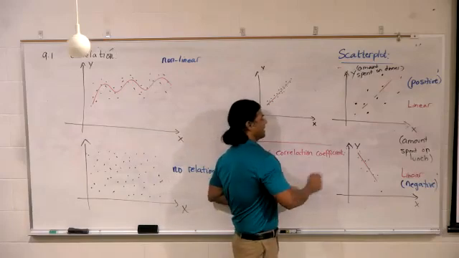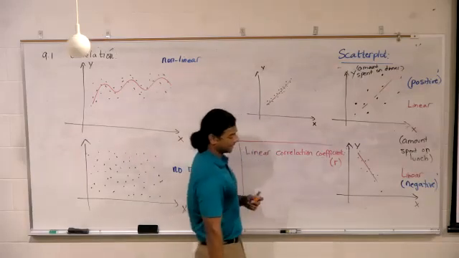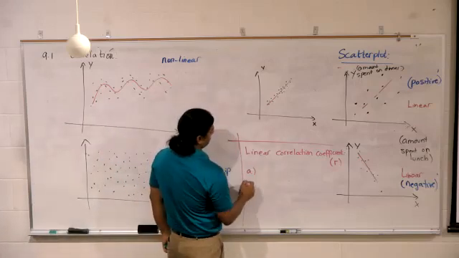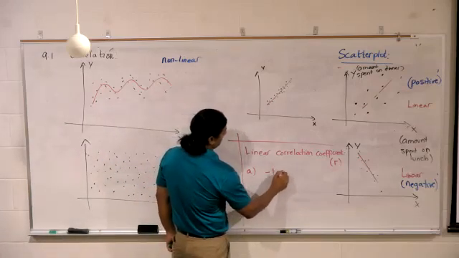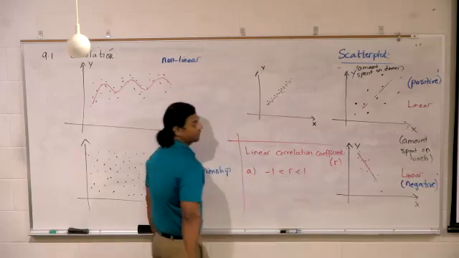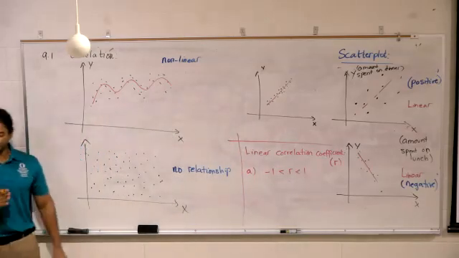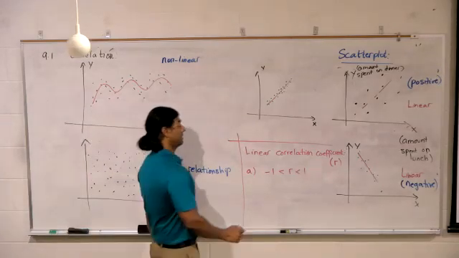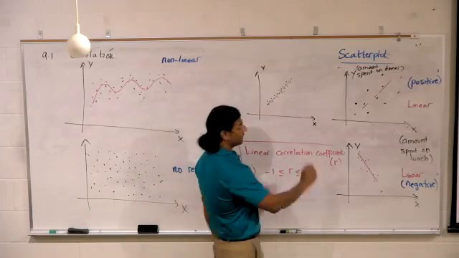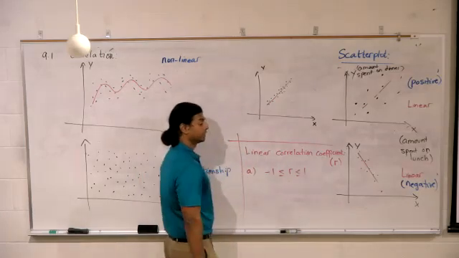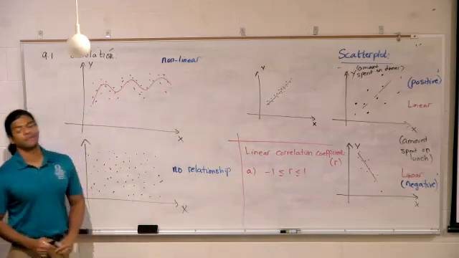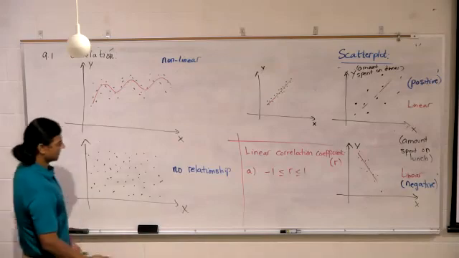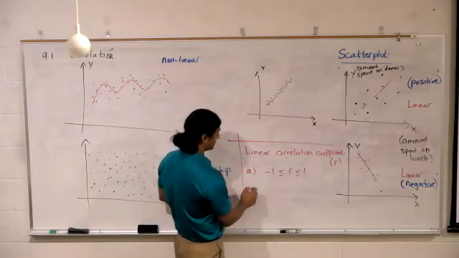This is denoted by the letter R. The value of the linear correlation coefficient is always between -1 and 1. Of course, it can equal 1 or -1, but that's not a case we would encounter in statistics because there would be no randomness at all.